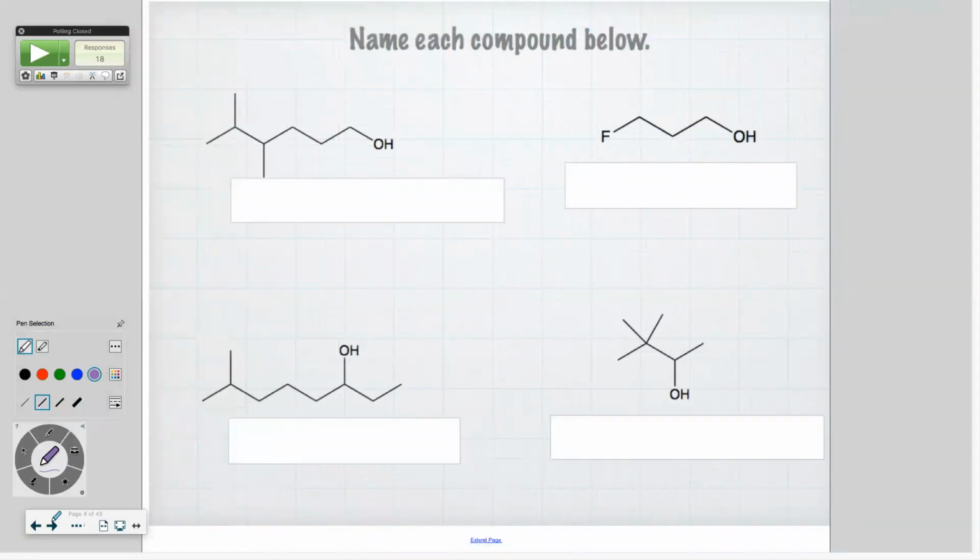All right, so how do you name that one? What do you do first? Work the program. Find the longest chain. The longest chain must include the carbon that has the OH on it, right? All right, so did you find it? How many? 6.